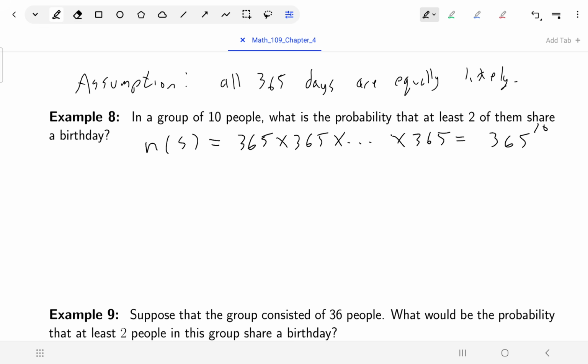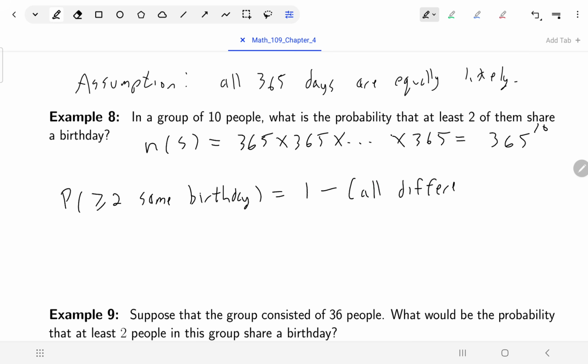To use the complement, the probability of at least 2 with the same birthday would be 1 minus nobody has the same birthday, or in other words, all different birthdays. And all different birthdays, that's easy enough for us to do because there's 365 days. I'm going to need 10 of them, and they need to be in some kind of order for those 10 people.